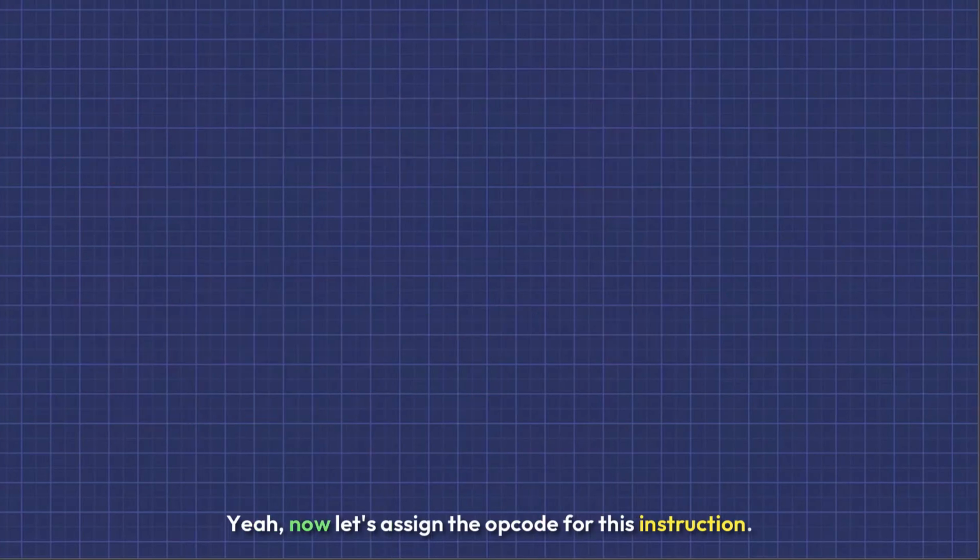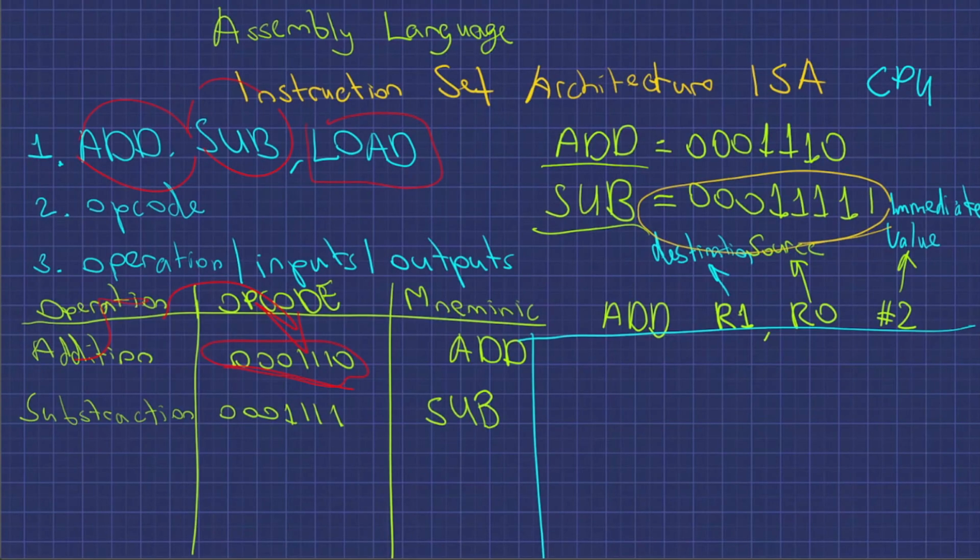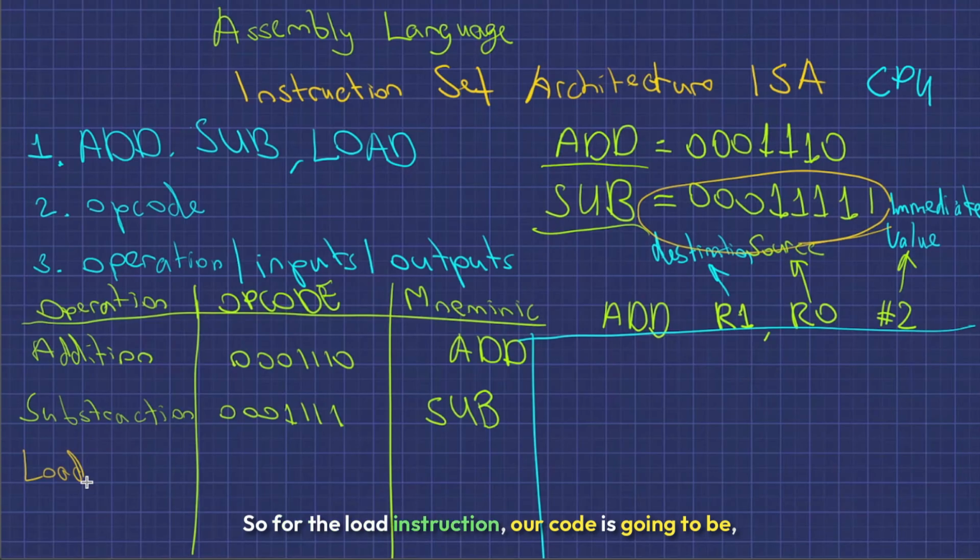Now let's assign the opcode for this instruction. So also write this here. And why are we using so much red here? I don't like the red. So we will use the load. For the load instruction, the opcode is going to be, again, 7 bits, 1000, and the mnemonic is going to be load.